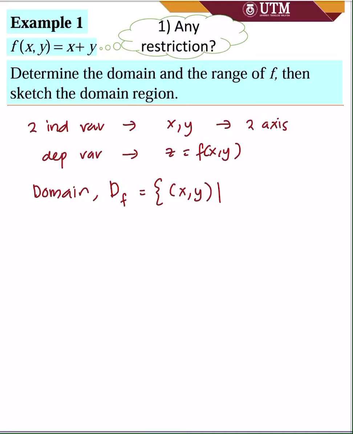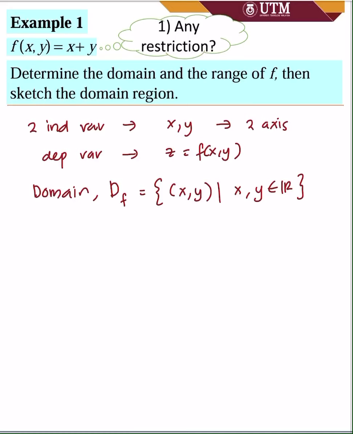There are no restrictions, they can be any number. So x and y can be any real number. That is our domain, and that is how we describe the domain.